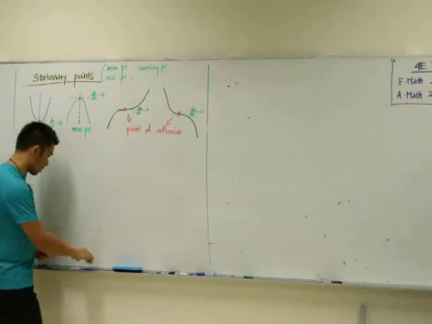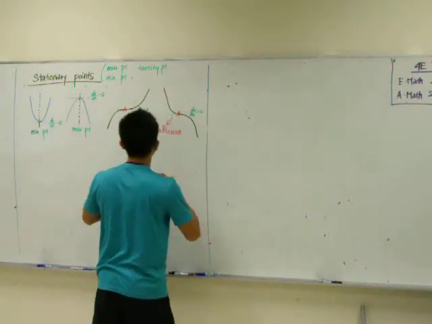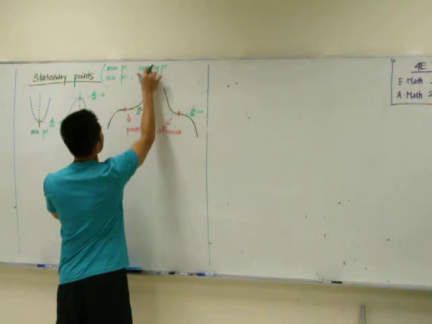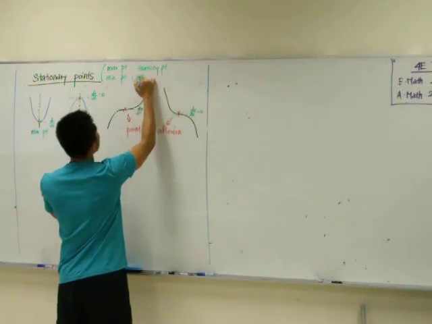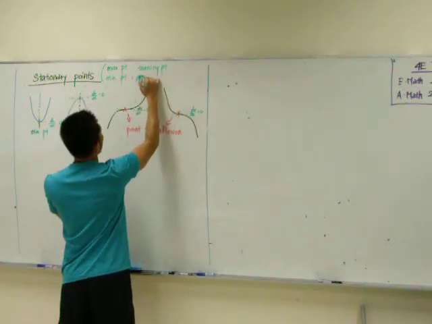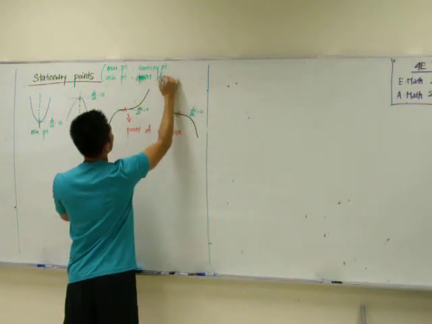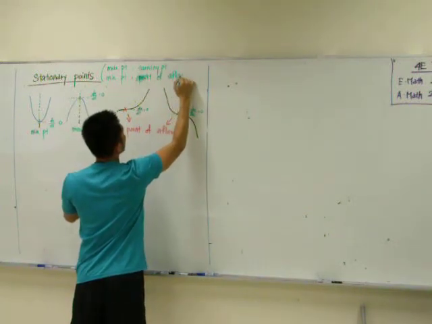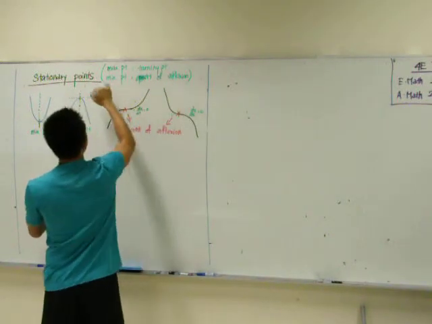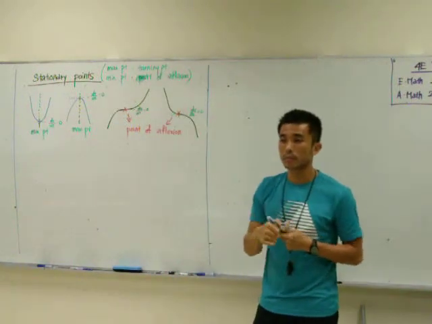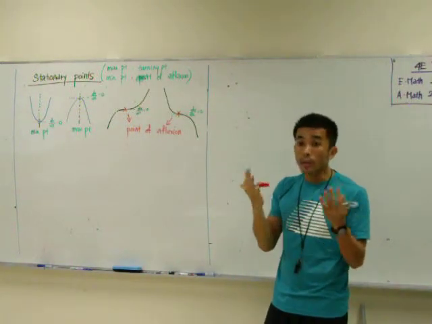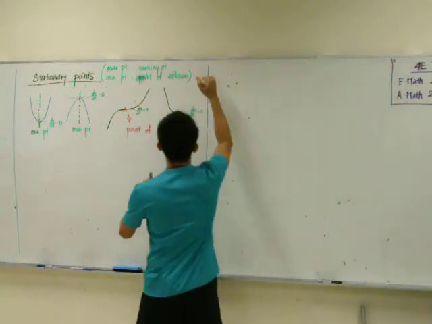In other words, actually the most important thing I need to tell you is, at stationary point, what is our conclusion? What is common about all these stationary points? All the gradient is equal to 0. That's all. We are done.